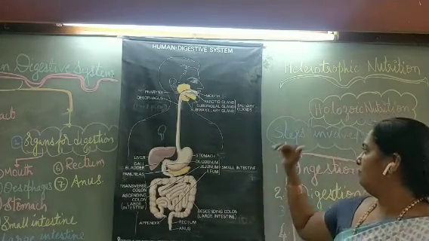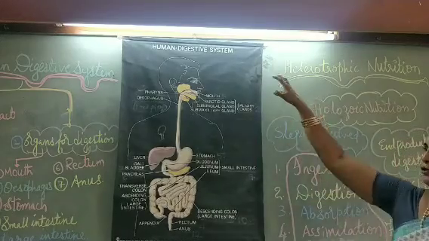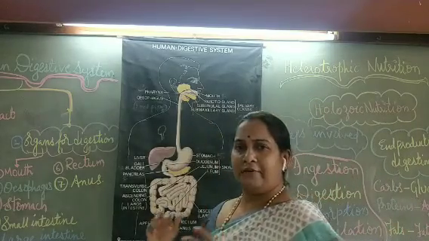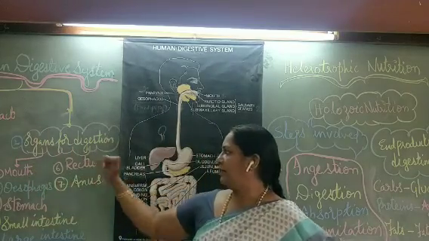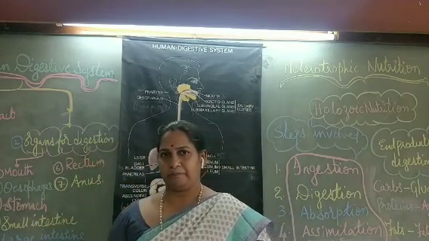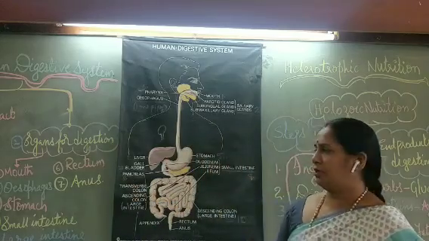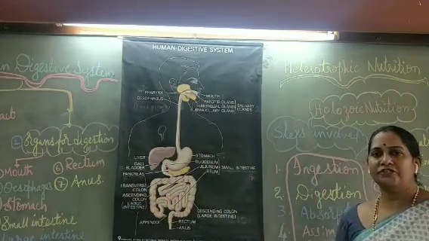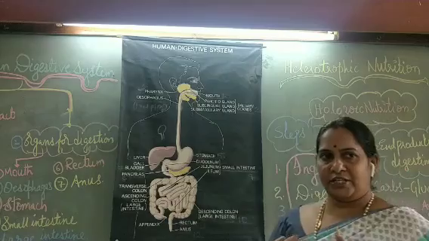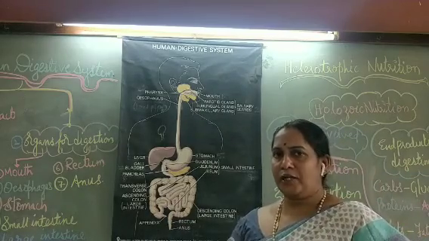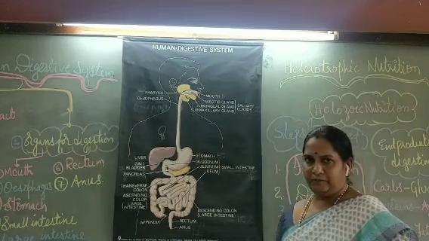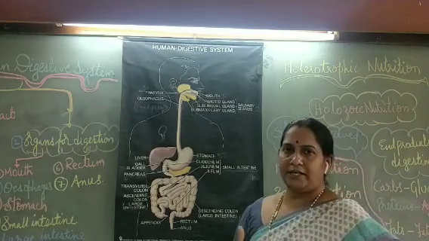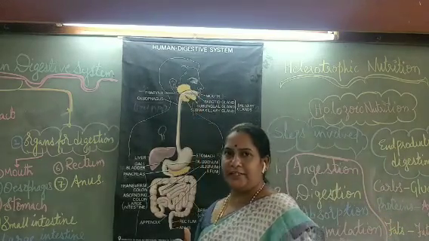Once again, the human digestive system is a very diversified system which involves the digestive tract and the organs for digestion. Intake of food into the body is called ingestion. After the food is ingested, it is broken down into simple substances, which we call digestion. In the human body, digestion begins in the mouth itself.